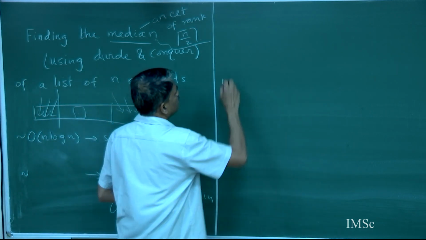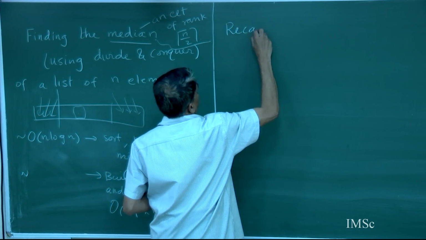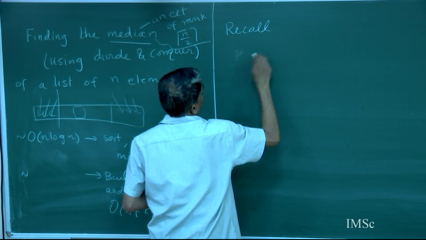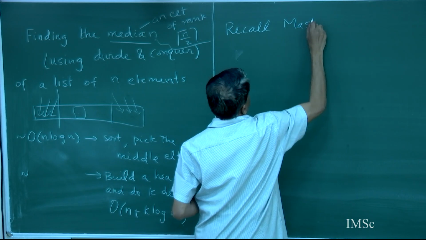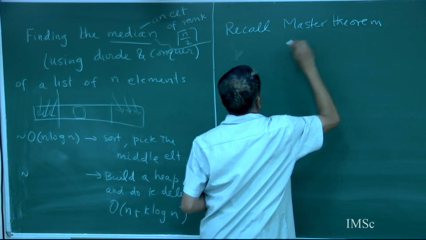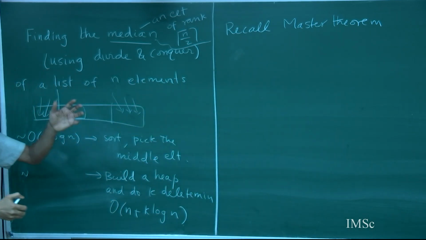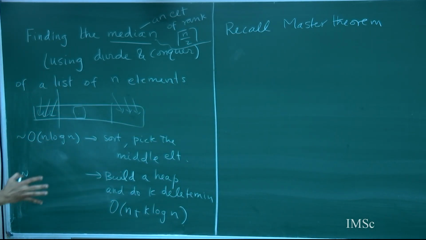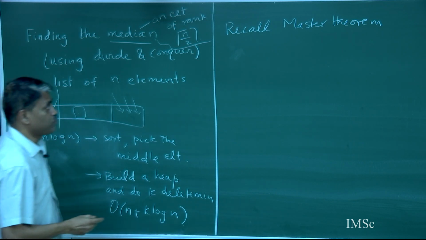So let's recall the master theorem for solving a recurrence relation, right? So then we know what kind of a recurrence I'm after, and then we will design an algorithm appropriately.